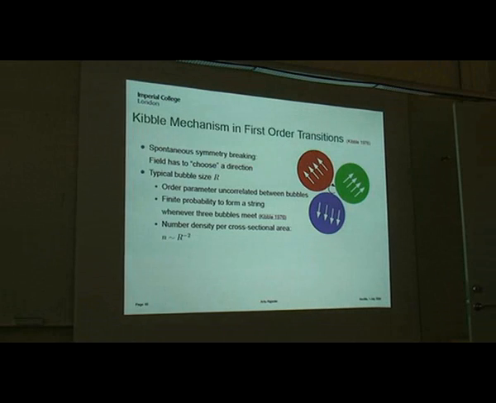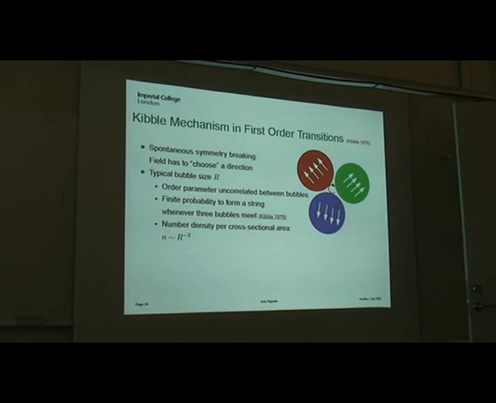Okay, so what I was mostly going to talk about is how these objects form when you have a phase transition. The mechanism is simplest to understand in first order transitions, where you have bubbles of the broken phase nucleated. When you nucleate a bubble of broken phase, the field has to choose some direction.